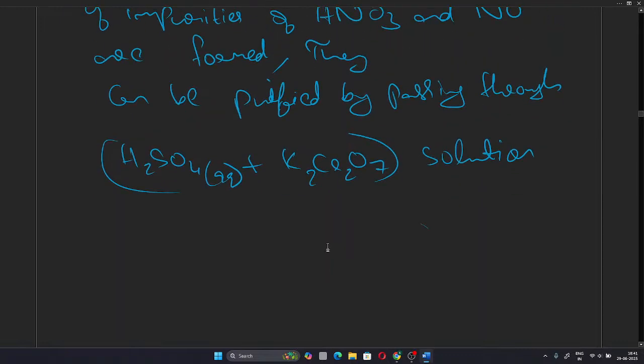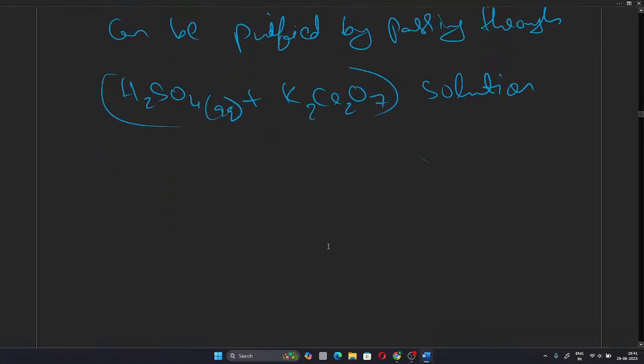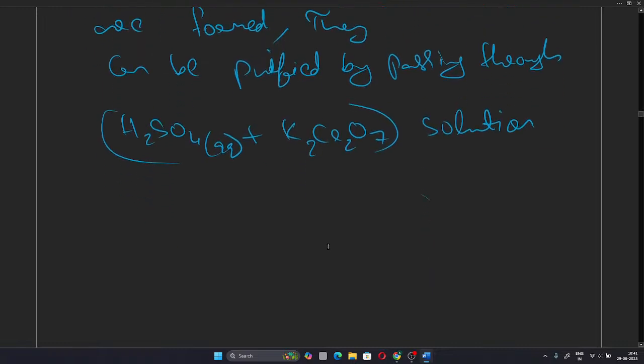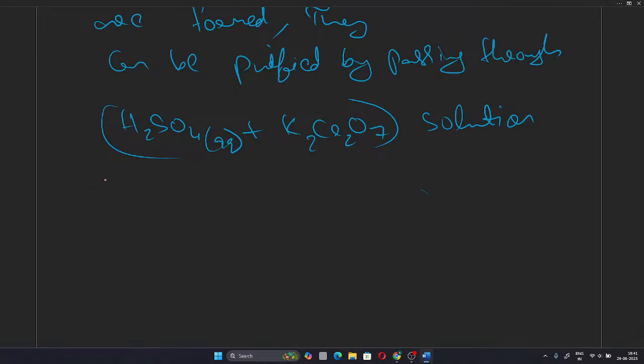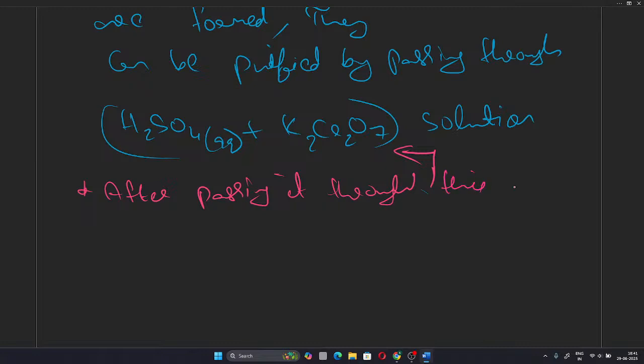After passing it through this potassium dichromate solution, we will get NH4 ammonium dichromate.